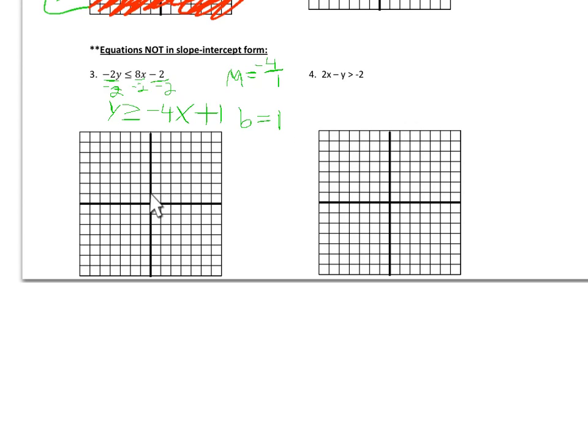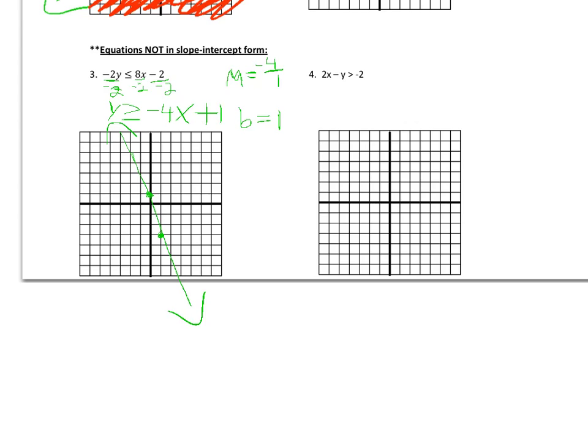This is on the y-axis, so I plot a point right there. b equals 1. My slope is -4/1. So rise over run, this means I'm going to go down 1, 2, 3, 4, and then to the right 1. That's where I'm going to plot a point, right here. Okay, I'm going to connect my line.